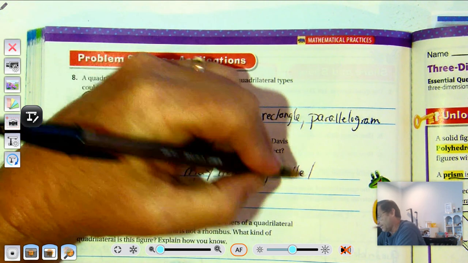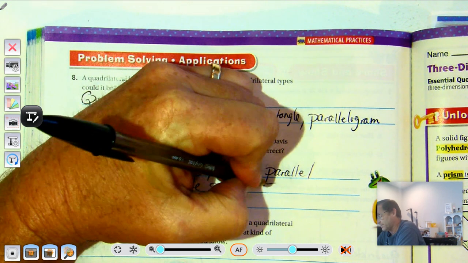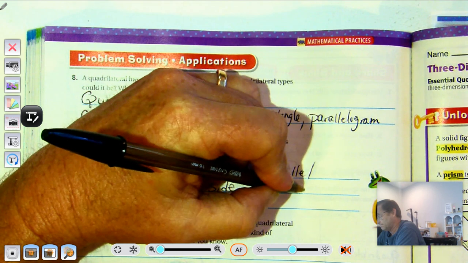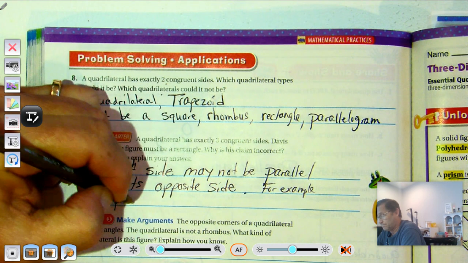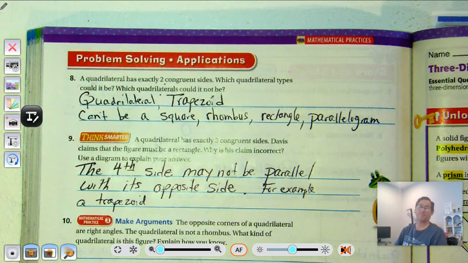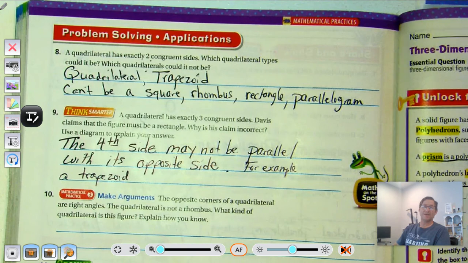So it could be a trapezoid. For example, trapezoid. So what would that look like?